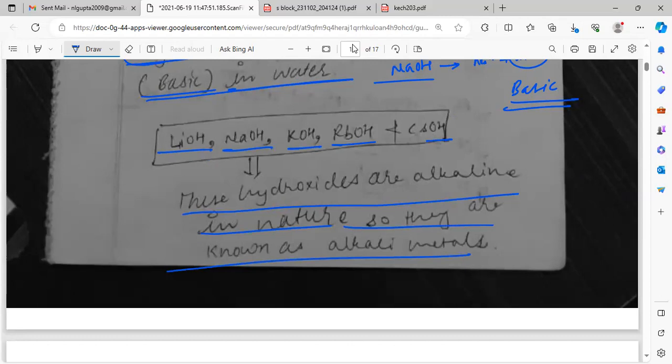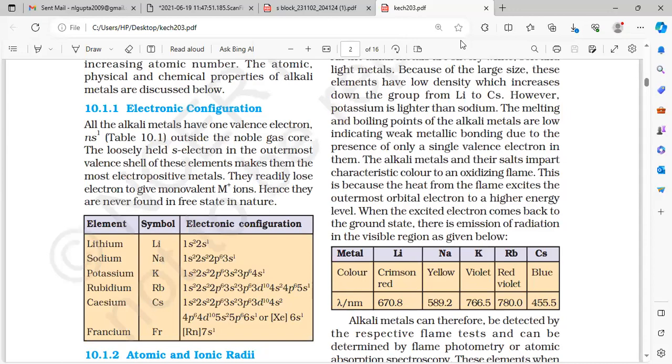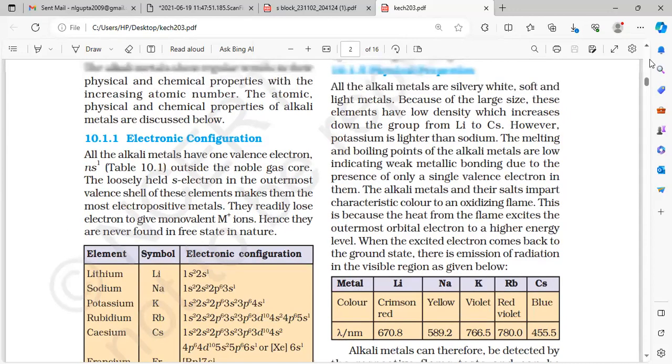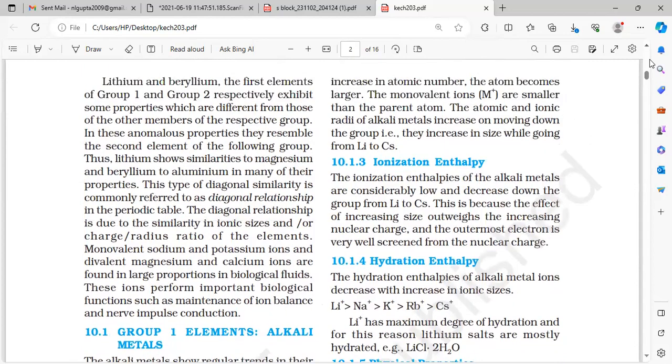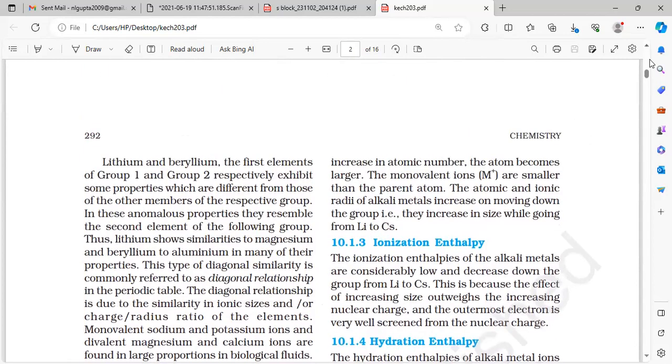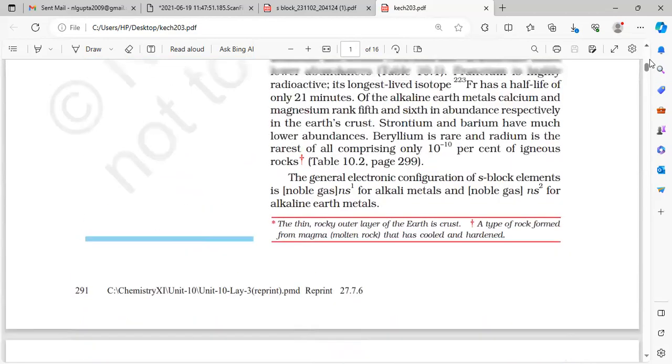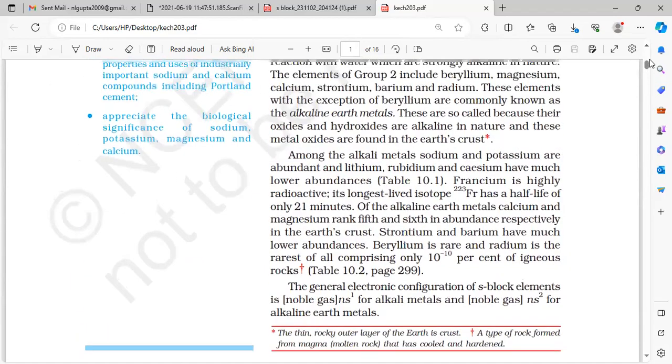So this definition is also acceptable. If you see the NCERT, it says a similar line about why they are called alkali metals. In NCERT we need to read line by line.